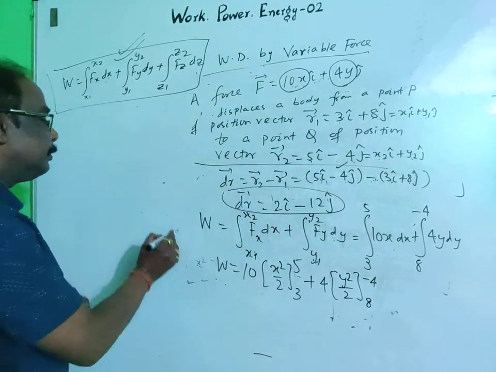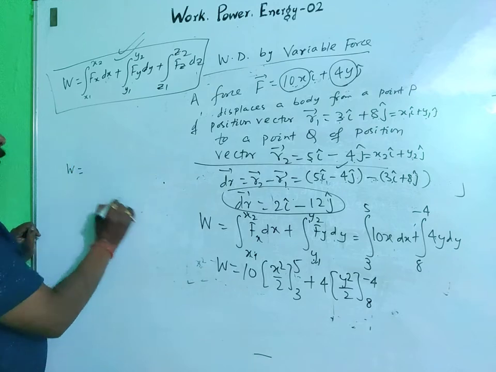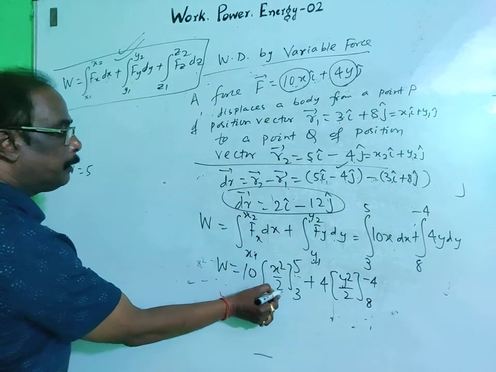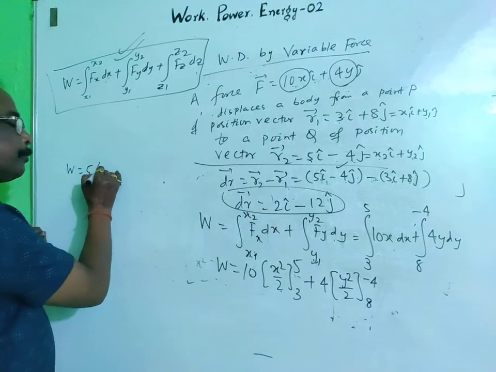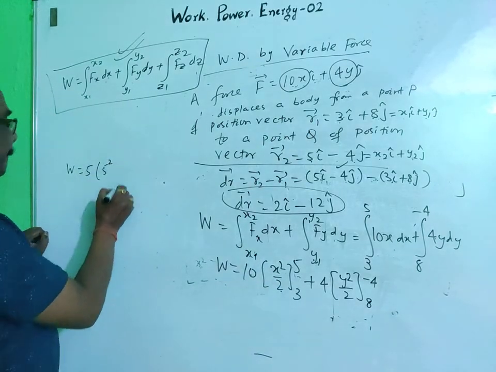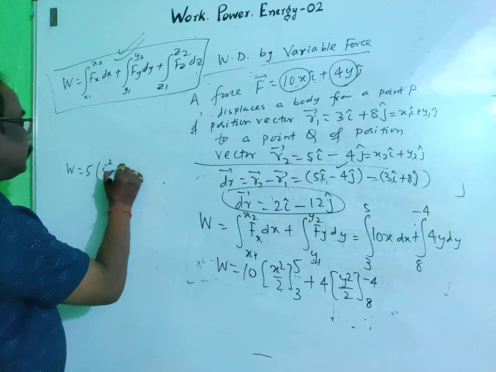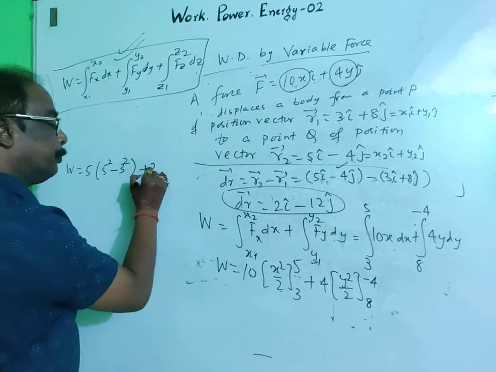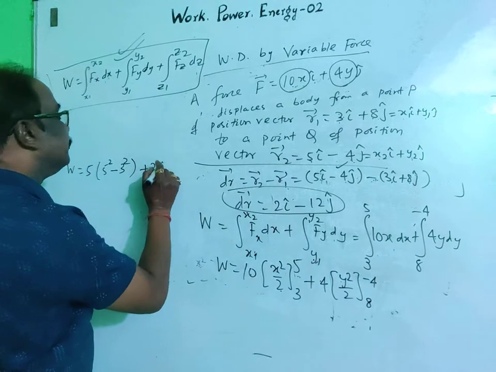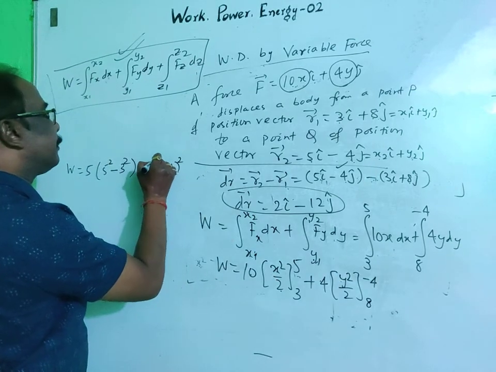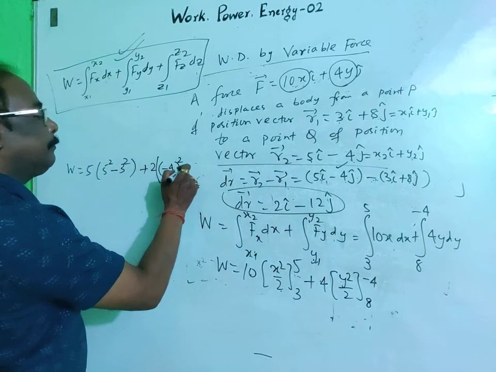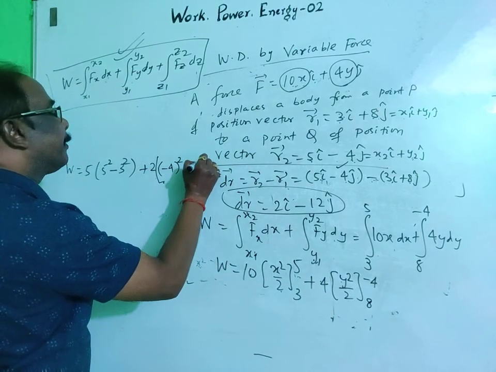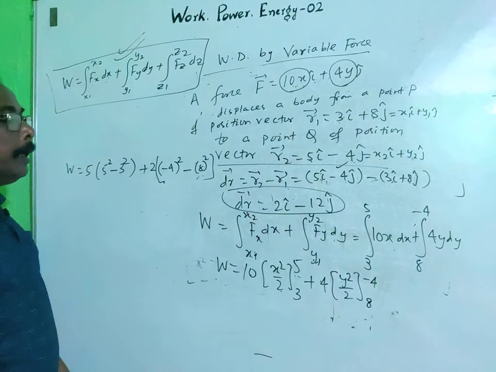Now I may calculate in the easiest way. 10 by 2 is 5, then x square: upper limit 5 square minus lower limit 3 square, plus 4 by 2 is 2, y square: minus 4 square minus 8 square.